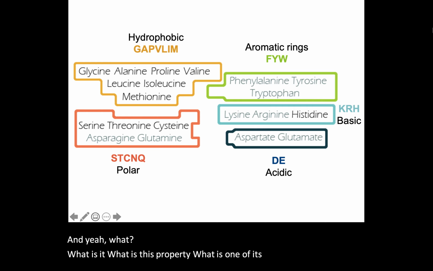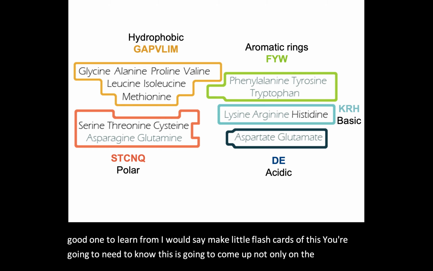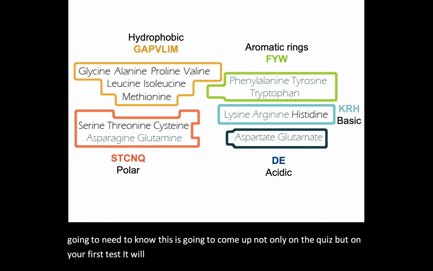So this is a good one to learn from. I would say make little flashcards of this. You are going to need to know this. This is going to come up not only on the quiz, but on your first test. It'll definitely be there. You will have to do something like half of these amino acids.